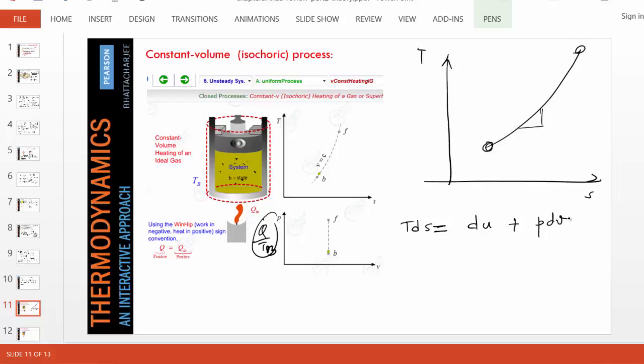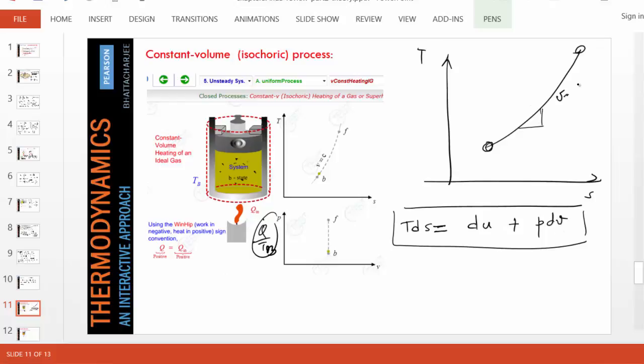This is valid not only for gas, but for any material, any pure substance. It means that if there is a little change in the system's equilibrium, the change in entropy times temperature is related to the change in internal energy and the change in specific volume.